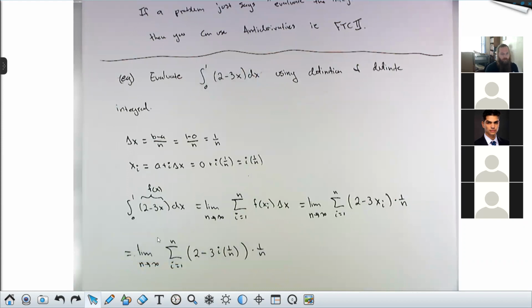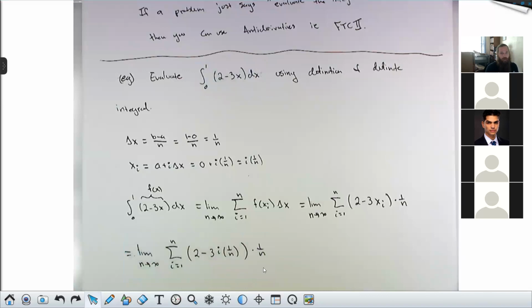So first, are there any questions up to this step? If we just said express this as a limit of Riemann sums, like write down the definition of this thing, you could stop here.